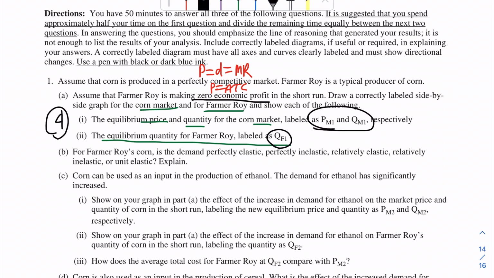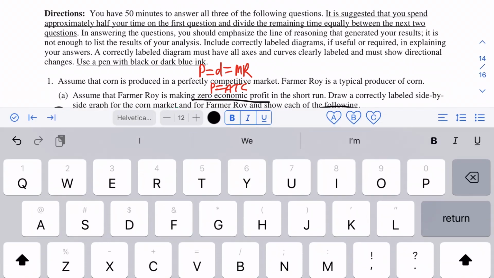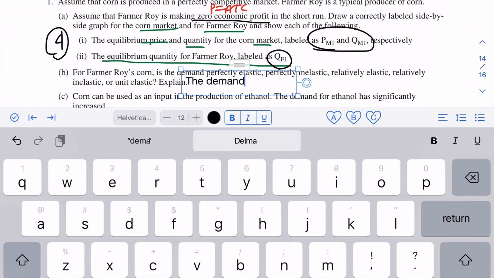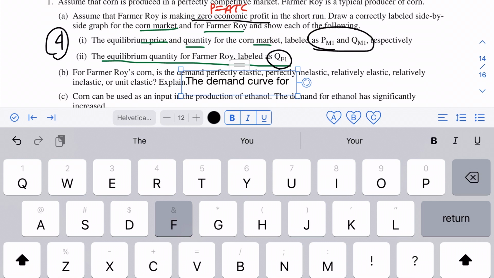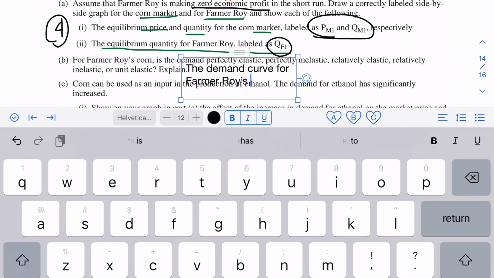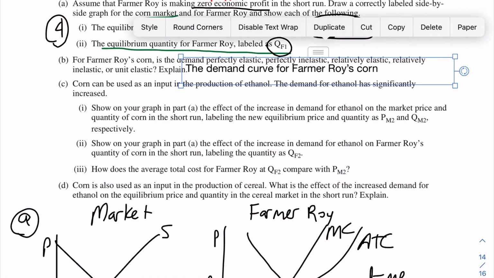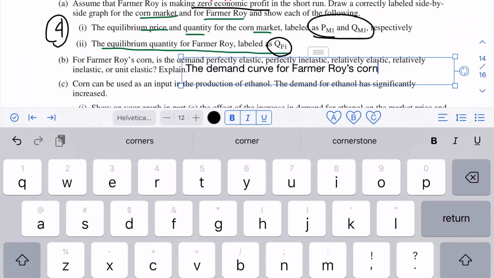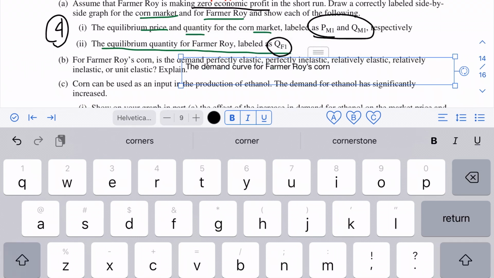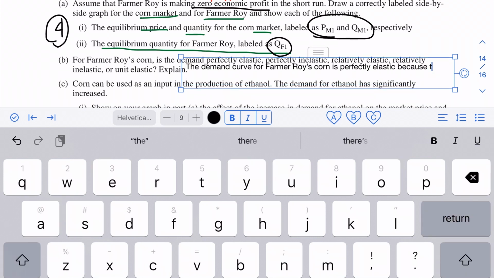Okay, the answer is the demand curve for Farmer Roy's corn is perfectly elastic because they are price takers.